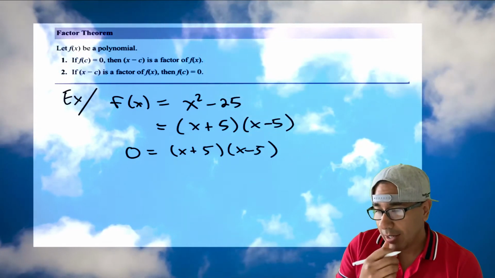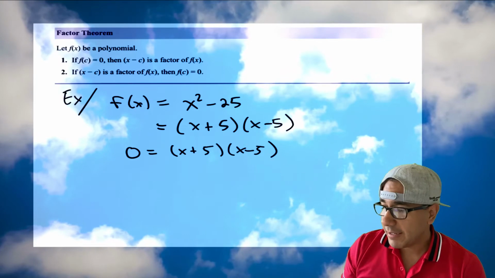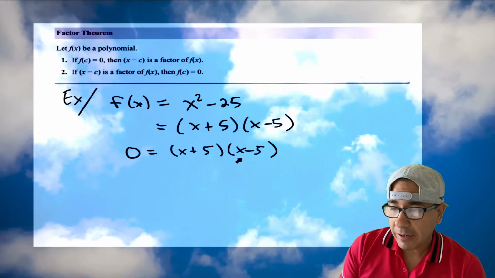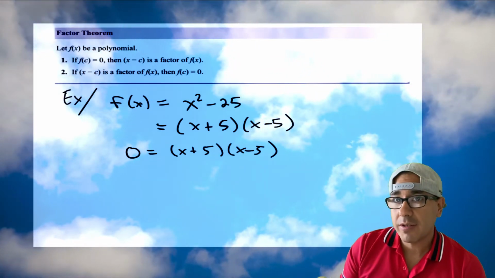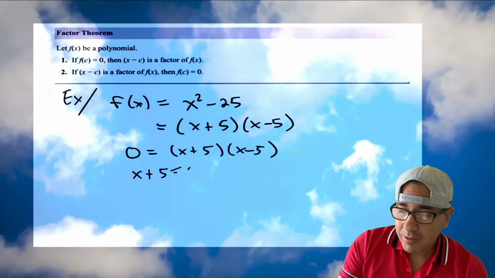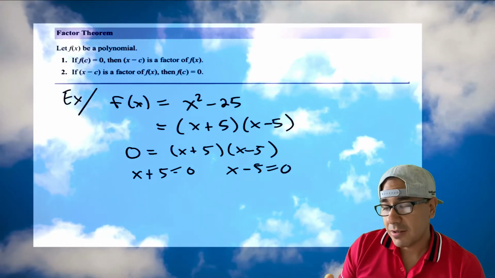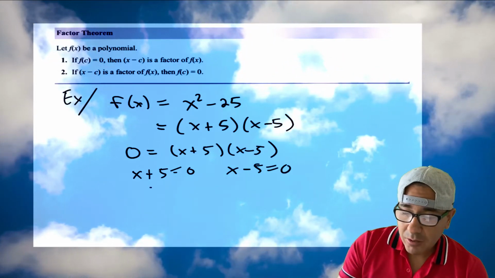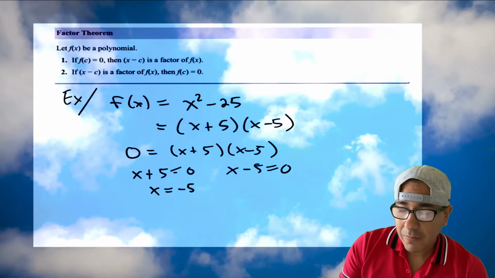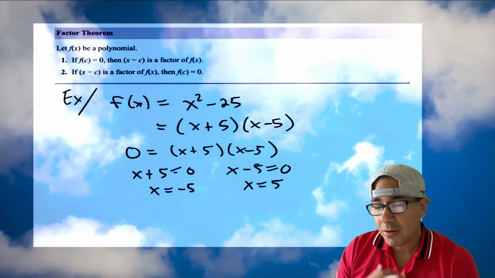Then I would take each factor and set each one equal to 0. So I'll take x plus 5, set that equal to 0 and solve, then x minus 5, set that equal to 0 and solve. And we'll get two solutions here: negative 5 is one of my zeros, and positive 5 is another one of my zeros.